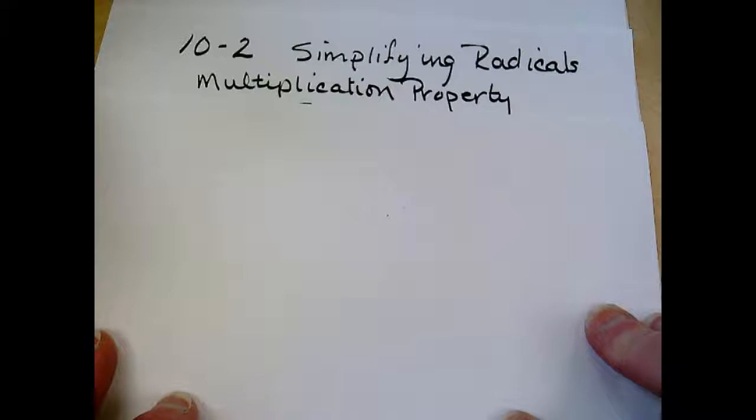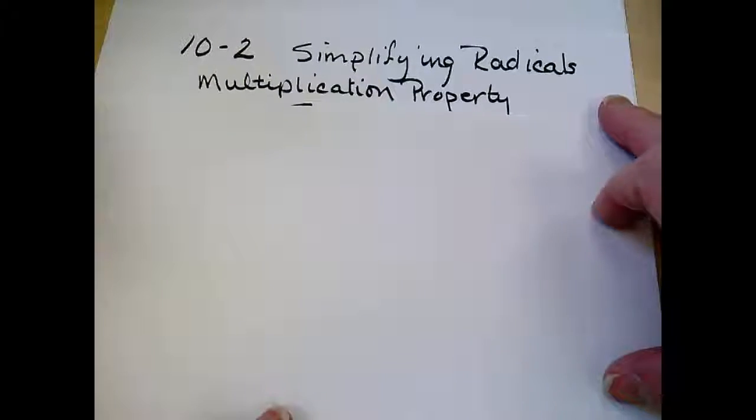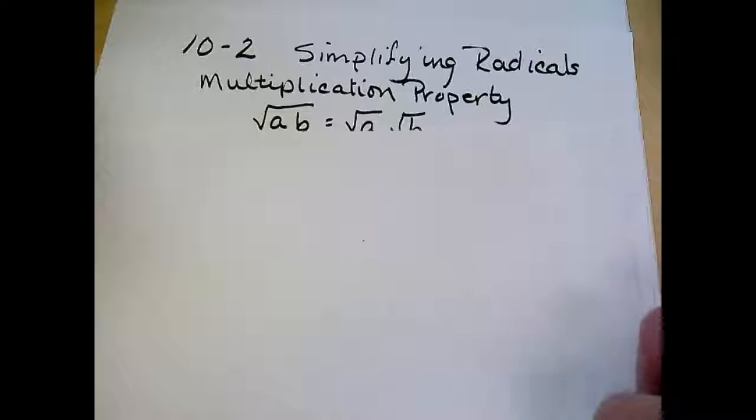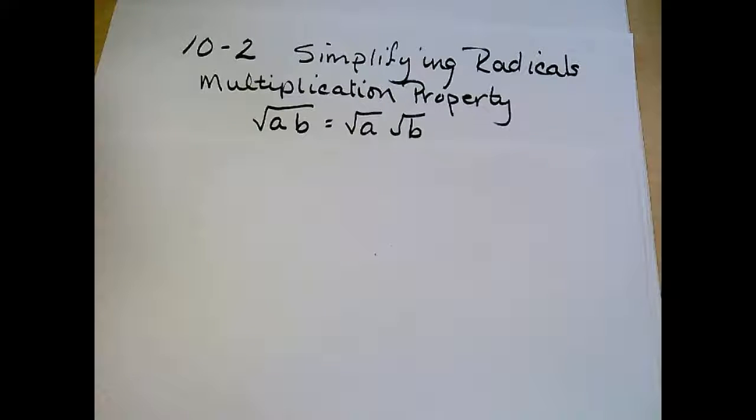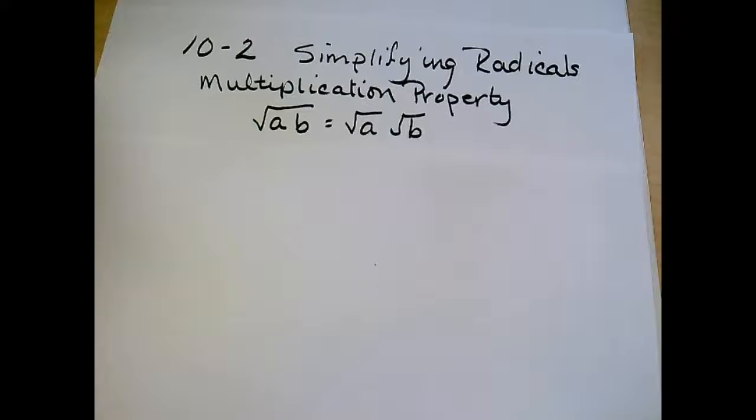In 10-2, we are simplifying radicals. So we need to look at the multiplication property of radicals, and it says the square root of a times b is equal to the square root of a times the square root of b. So what we're going to be doing is simplifying our square roots.